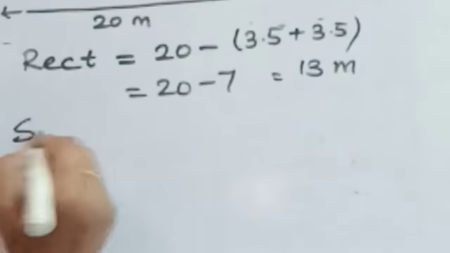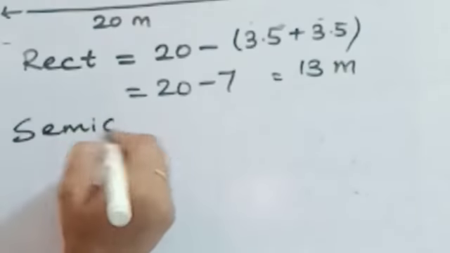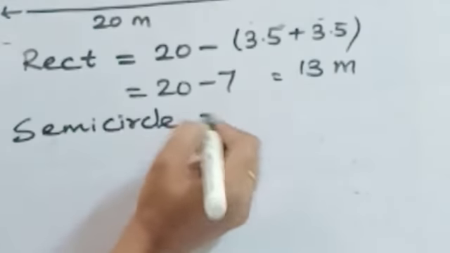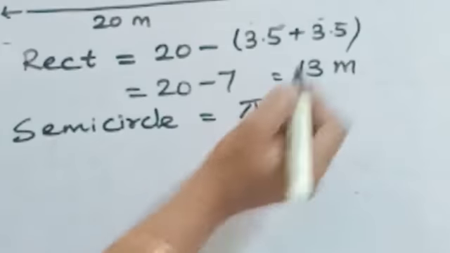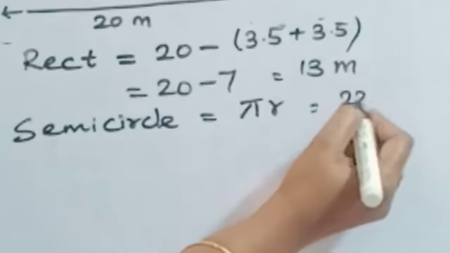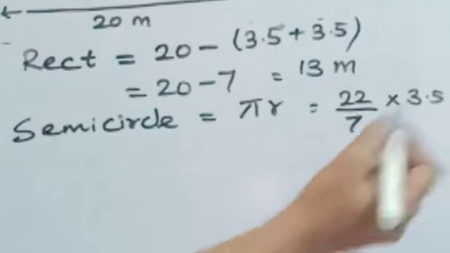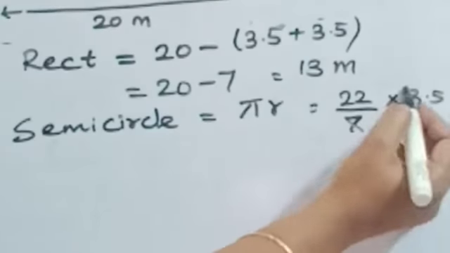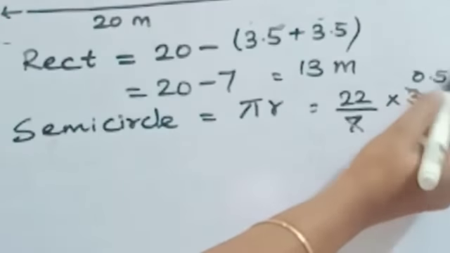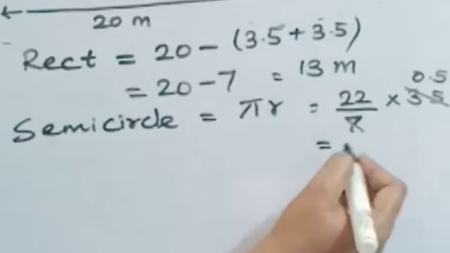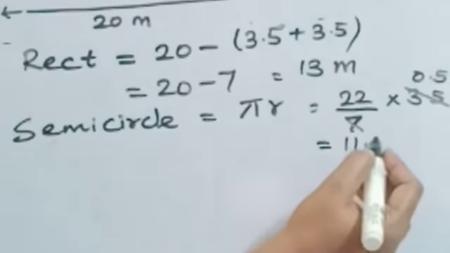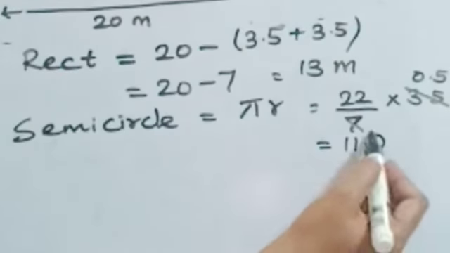So for one semicircle, we can use the formula pi into r. That is 22 by 7 into radius, which is 3.5. So if you cancel this, we'll be getting 0.5. 22 into 5, it is 110, and since we have one more decimal point, it will be 11.